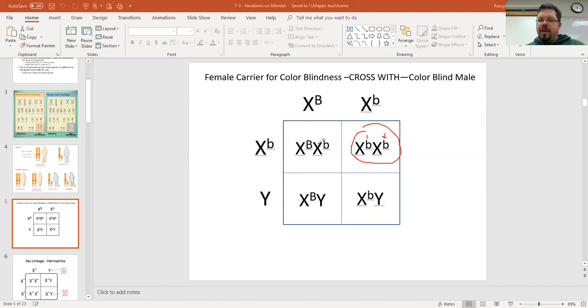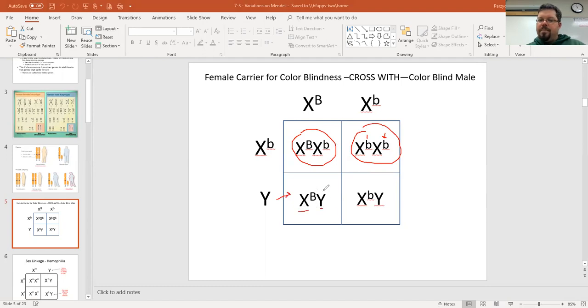In the other case, it's a 50-50 shot that they have a daughter who would be colorblind. Otherwise, the daughter would have normal vision but be a carrier. On the male side, on the bottom part of this Punnett square, male is XY.